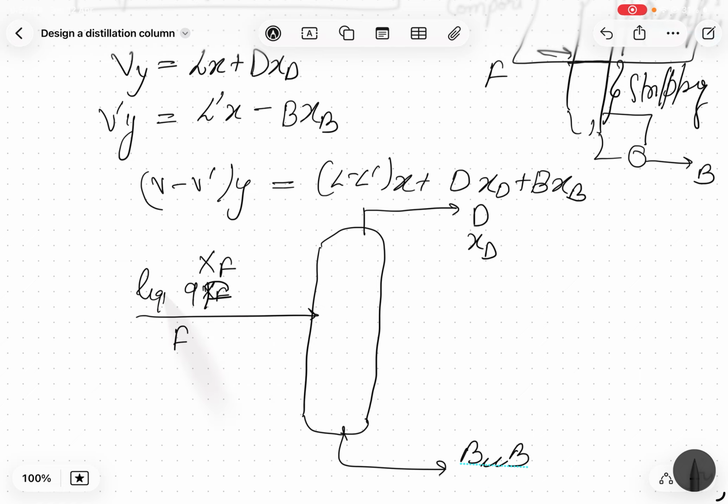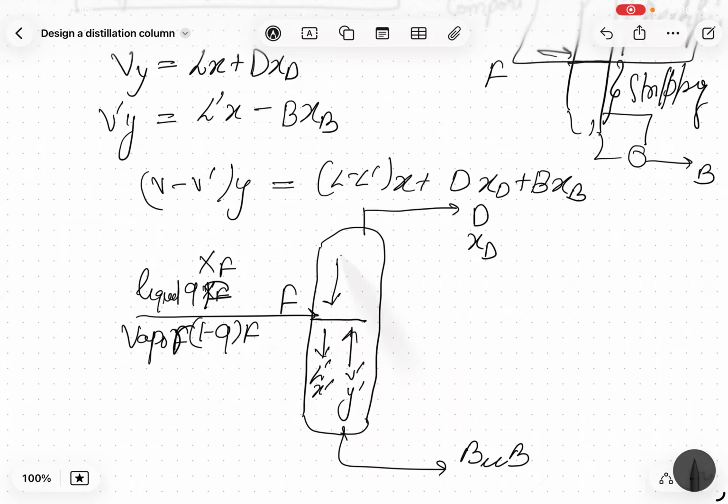Q times F is liquid, and 1 minus Q times F is vapor, and F is the total feed rate. Liquid leaving is L, X dash, vapor coming up is V dash, Y dash, the liquid coming down is L X, and the vapor going above is V Y, where Y is the mole fraction of the most volatile component.